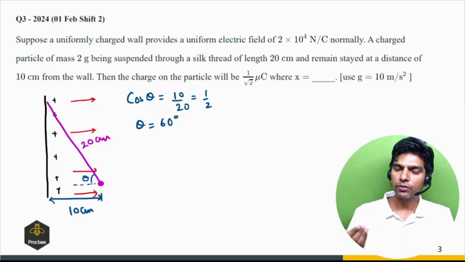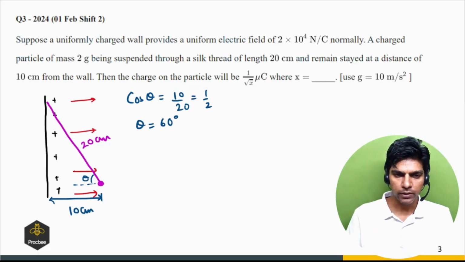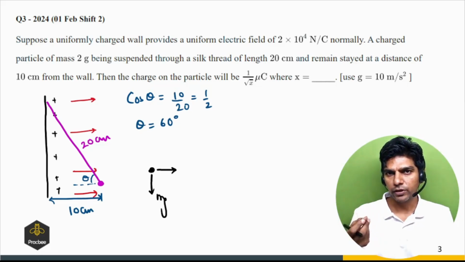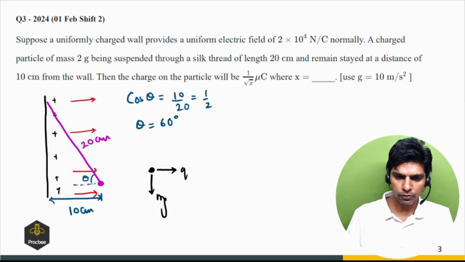So again you have to draw the free body diagram of the charged particle. There will be a gravitational force mg, and there will be a force exerted by the uniform electric field, and in case of a point charge the force will be q times the electric field, so that will be qE, and there will be a tension force away from the charge.